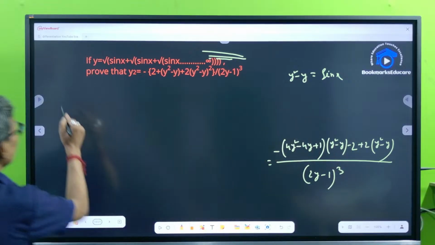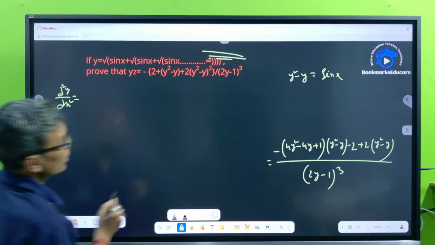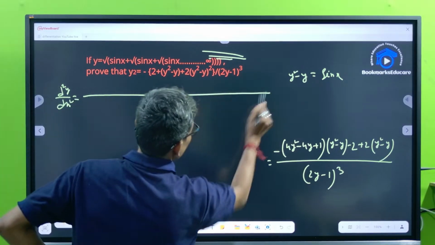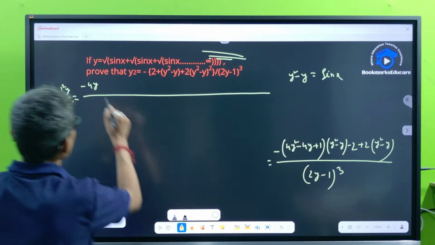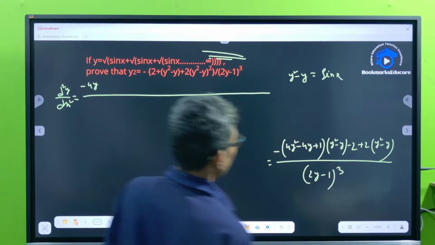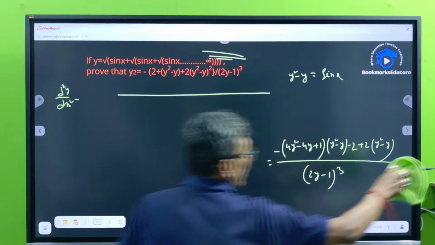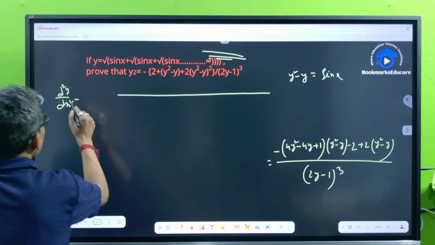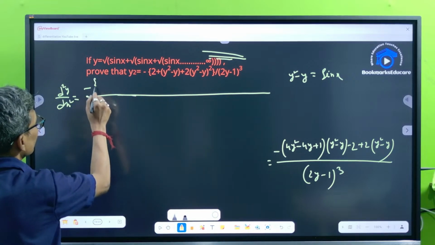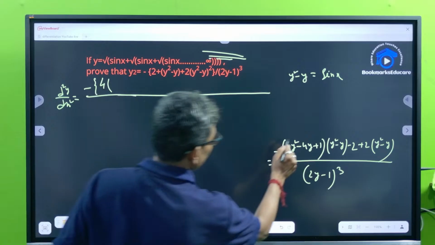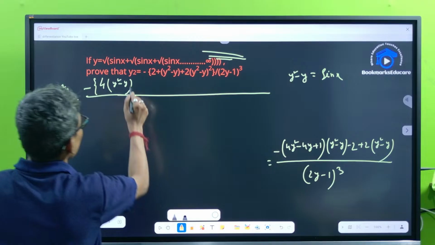So d2y by dx2 is equal to minus 4y square... यहाँ से हम लोग एक ट्रिक अप्लाई करेंगे, minus 4 common ले लेता हूँ दोनों से, y square minus y हो जाएगा. ठीक है. प्लस 1.